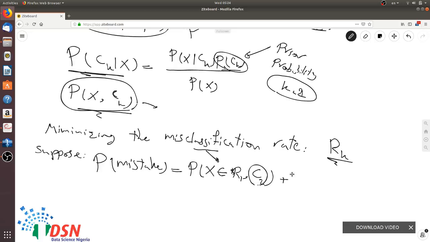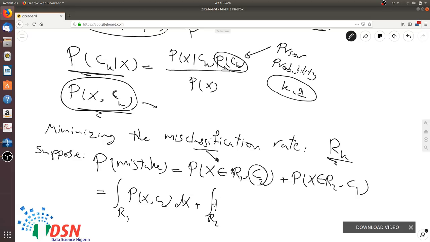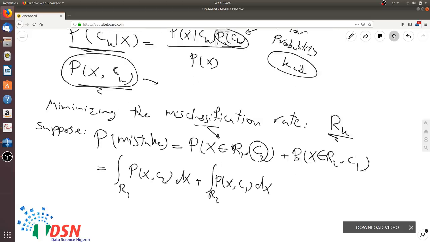Plus the probability that somebody is in region 2, so we decide he is normal, but he actually has cancer, C2. It is just the integration over the distribution, and this is the probability of making a mistake.